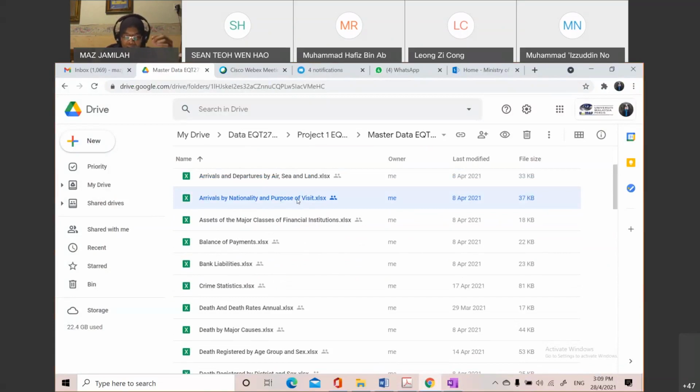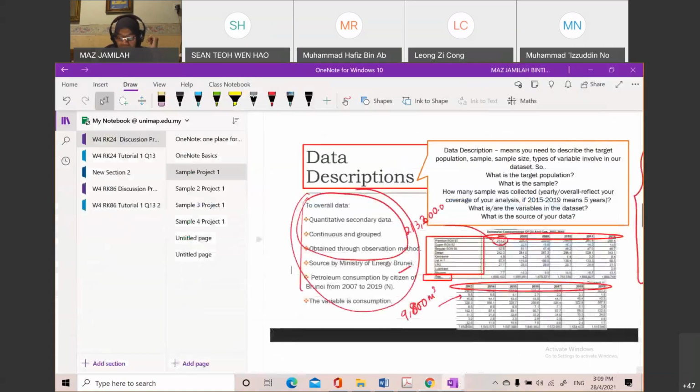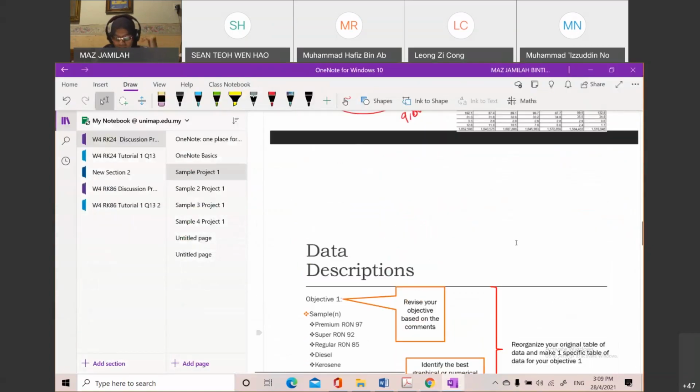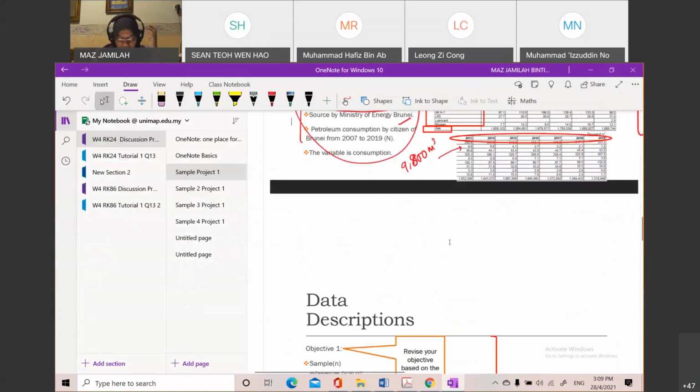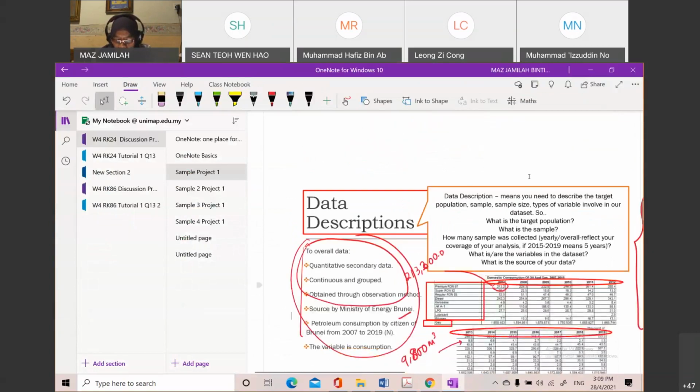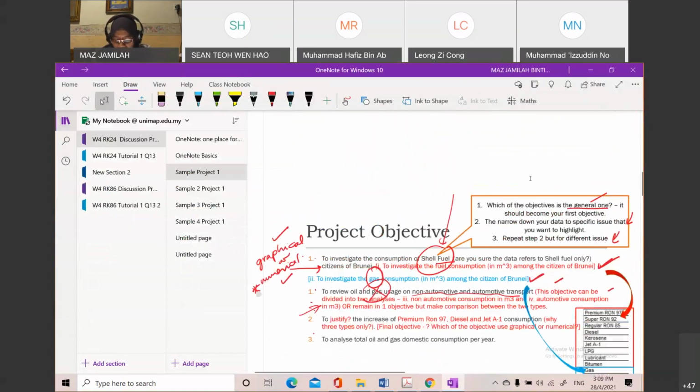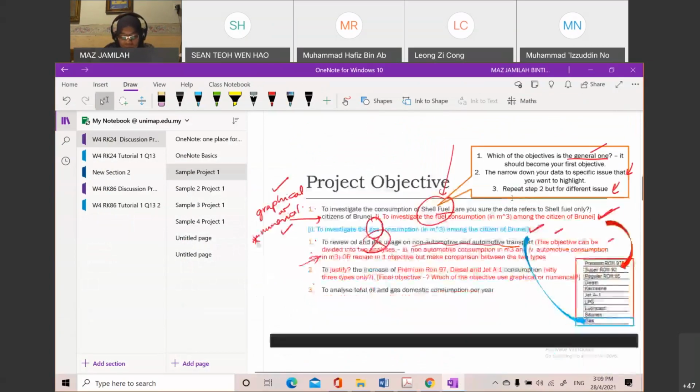This information will be used in your analysis for each of your objectives. I hope I didn't take too much time on how you can describe your project in terms of title, objective, and how you should go into your specific objective from the group data given to you. Any other question, class?